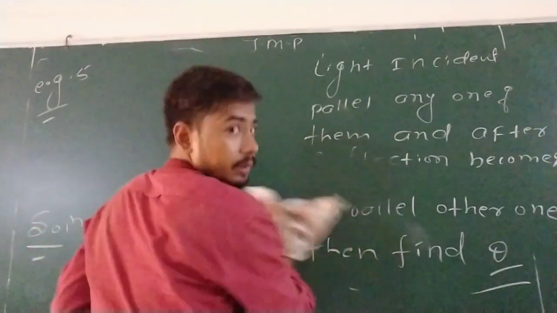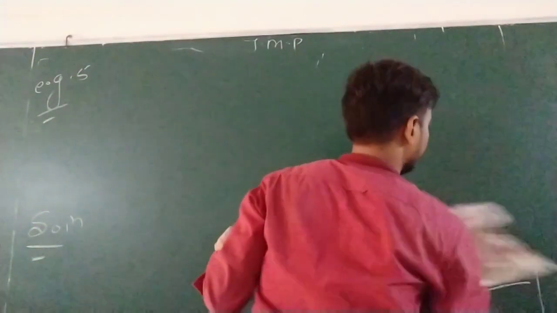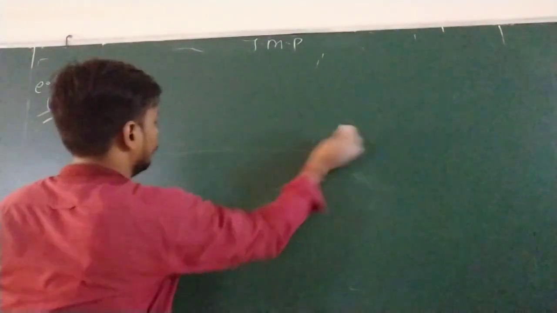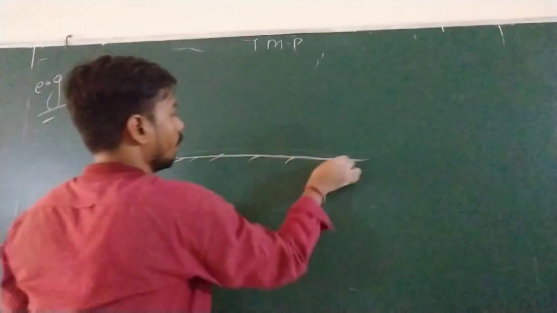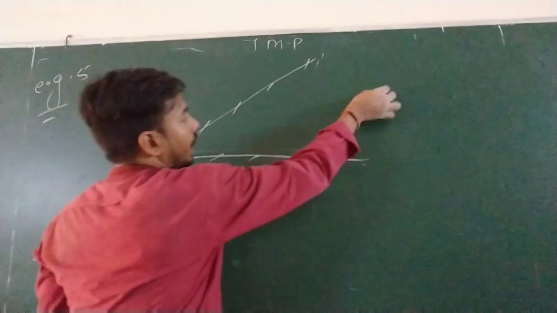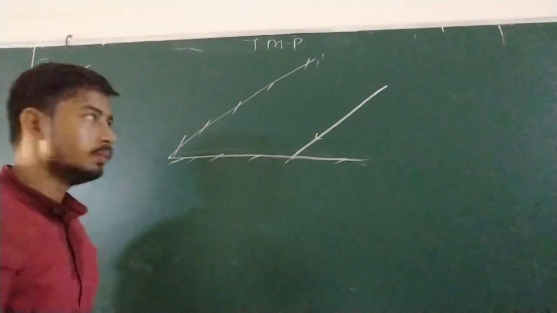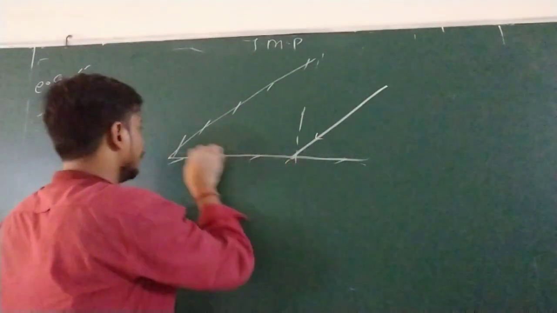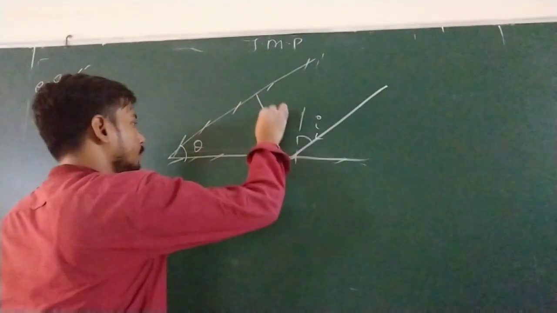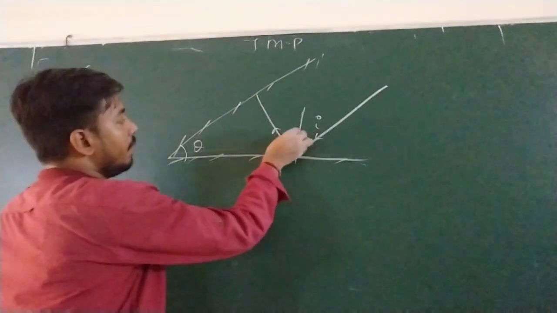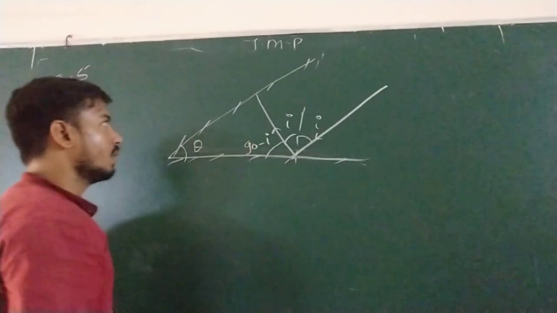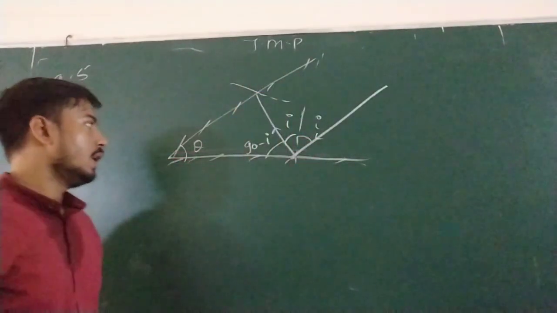You wrote this question? Okay, so I'm erasing here. See, this is a mirror, this is a mirror. So light is coming parallel to the other mirror. Suppose this is theta, and suppose this is I. So light must go here at the same angle I. This is 90, so this is 90 minus I. This is the normal here.